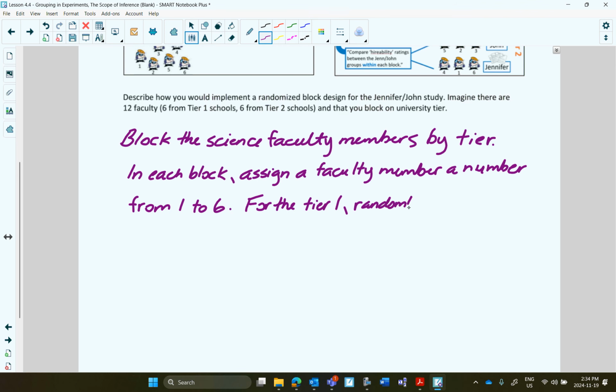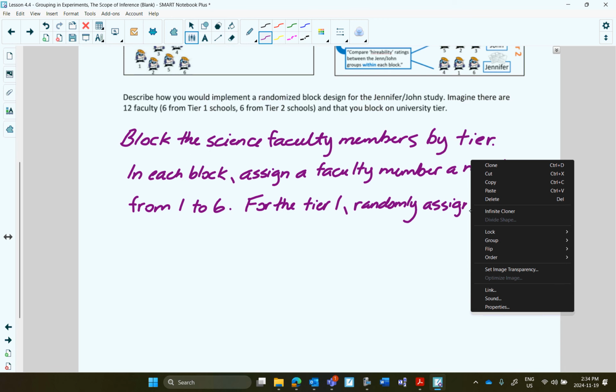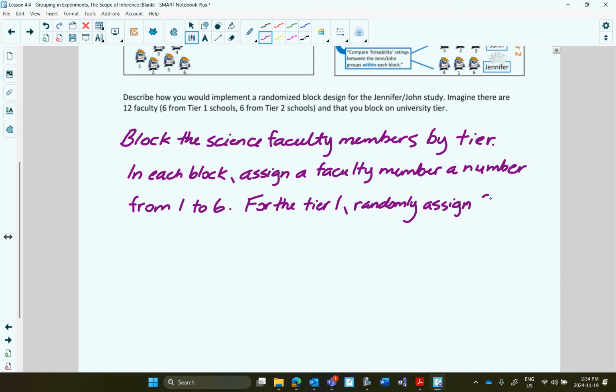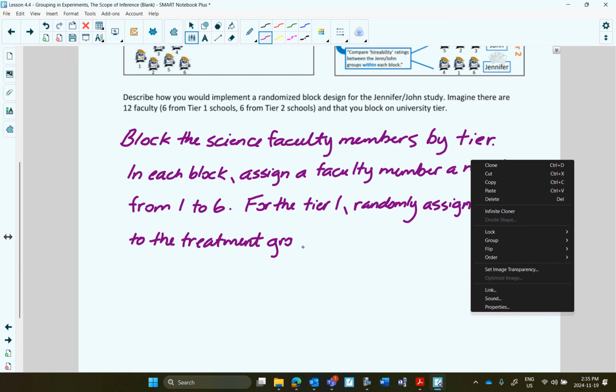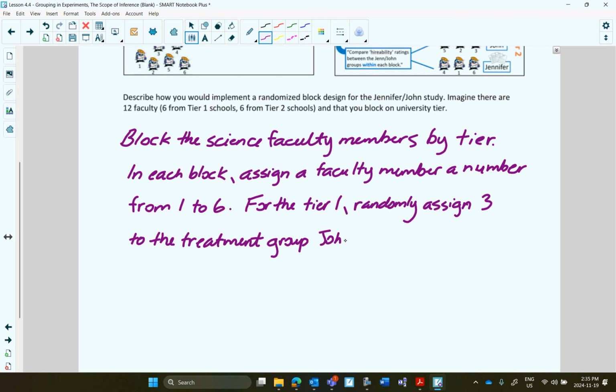Randomly assign 3 to the treatment group, which could be John, and the other 3 to Jennifer.